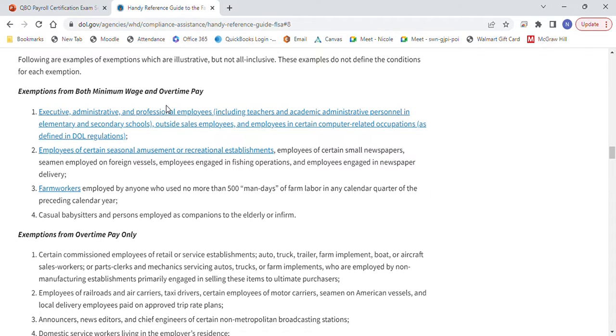But here on the Department of Labor site, DOL.gov: teachers, academic administration personnel in elementary and secondary school levels, outside sales employees, employees in certain computer-related occupations, seasonal amusement park and recreational establishment employees, farm workers, casual babysitters, and persons working with companions like elderly people in their house.